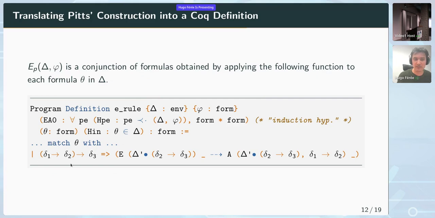And if it matches one left-hand side of the rule, you should produce the right-hand side, which depends on E and A that you obtain by the induction hypothesis. So the induction hypothesis is here, and it says that I can build E and A as long as you provide me with inputs that are smaller for the multiset ordering.